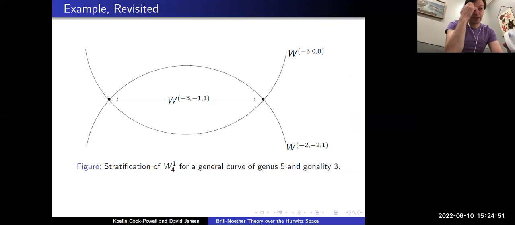Okay, I'm realizing now that this picture is upside down from the previous picture. But let's go back to our example, a trigonal curve of genus 5.